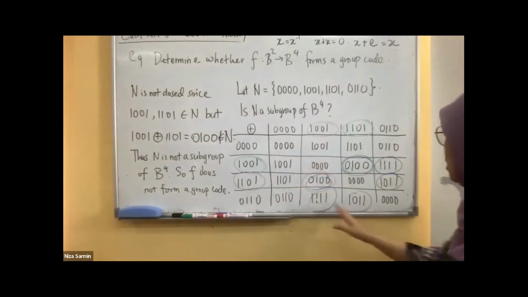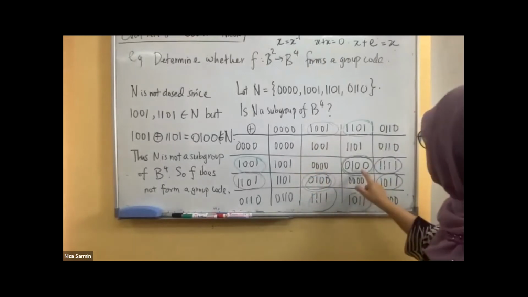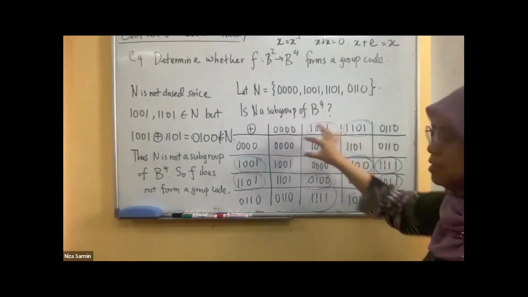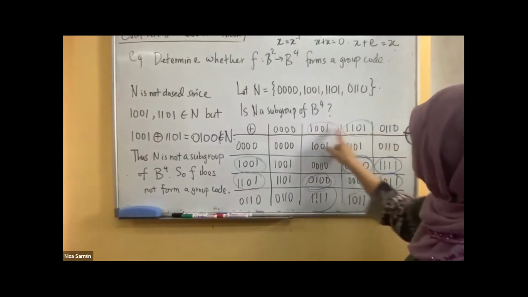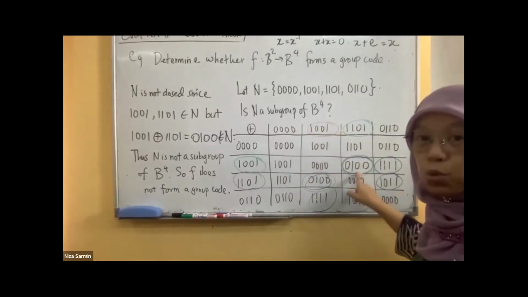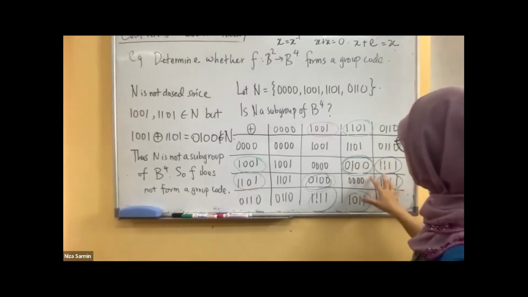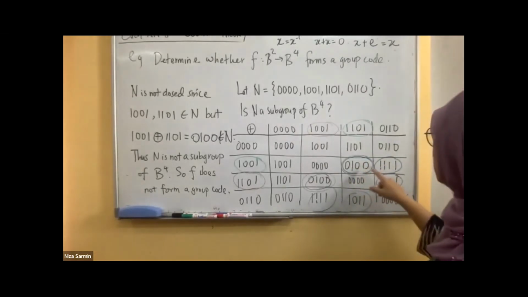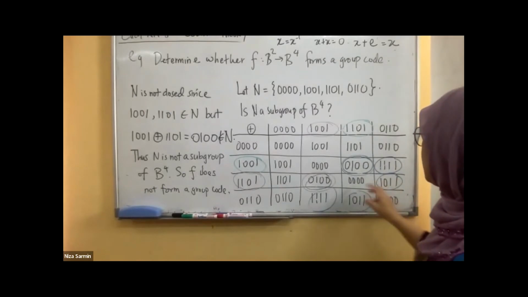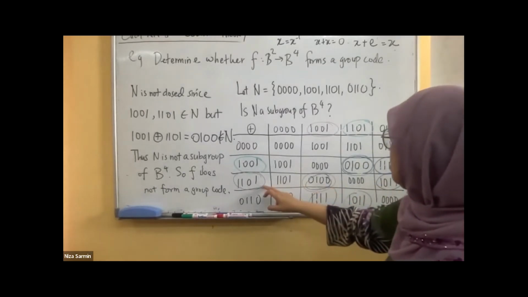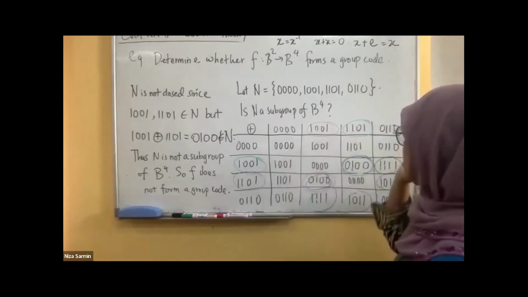Then I look inside the table, especially these three, because the others are just copying. These three, are they elements of N? You just need to choose one; you don't need to show all. You can pick this one, or this one, or this one. Even for this one, they are the same thing, so I can pick that too.